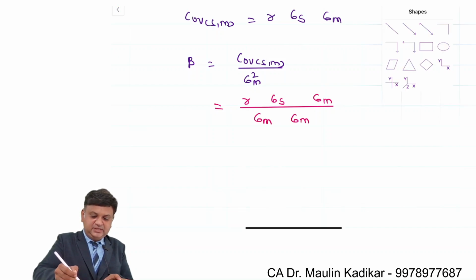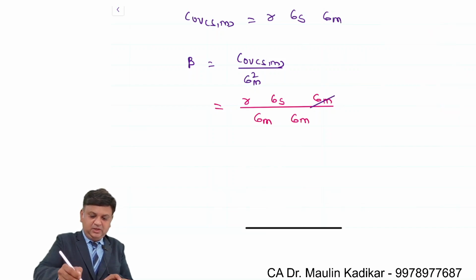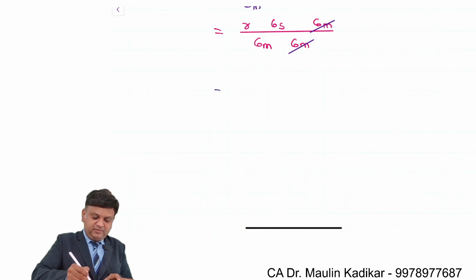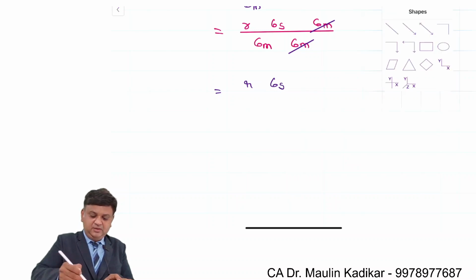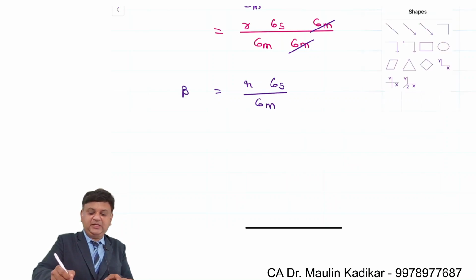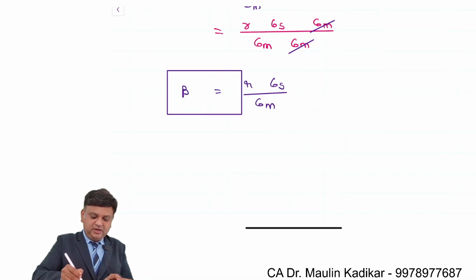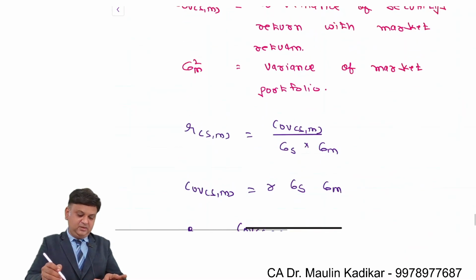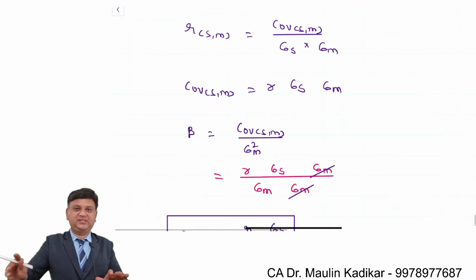Now sigma m is cancelled over here and again sigma m is cancelled. So we have the formula like this: R, the correlation coefficient, into the standard deviation of the security divided by the standard deviation of the market portfolio. That is another formula for beta calculation. Please write down this formula. The next formula is like this.